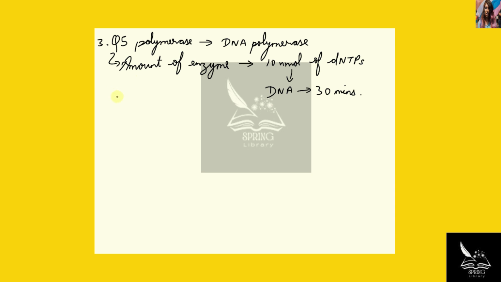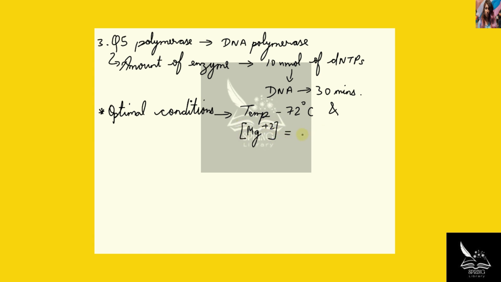under optimal conditions. The optimal conditions for Q5 polymerase include a reaction temperature of 72 degrees Celsius and a magnesium concentration of 1.5 millimolar.